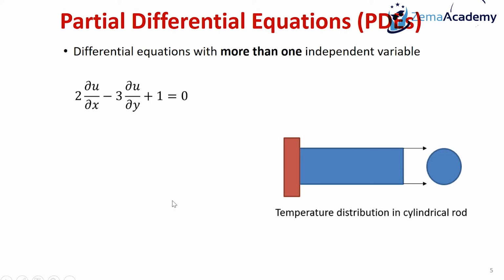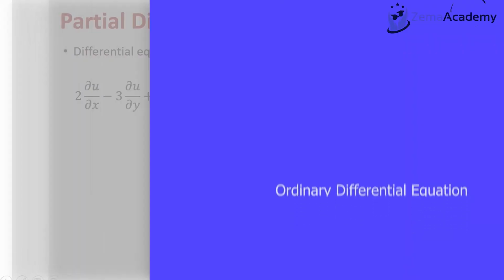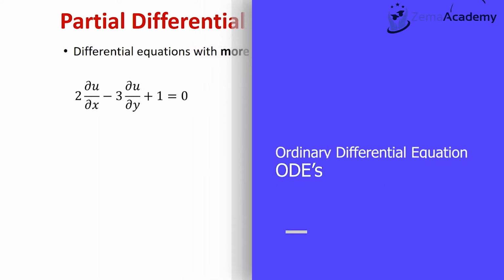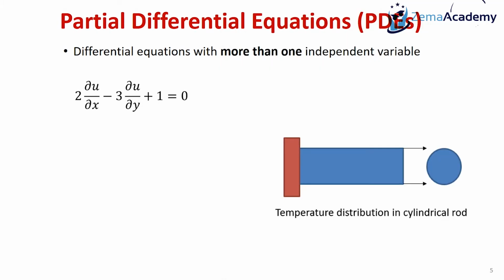In terms of mathematics, you always write a partial differential equation with Dava. This is a Greek or Roman symbol, and it is called Dava, not D. When you use D, that is for an ordinary differential equation.